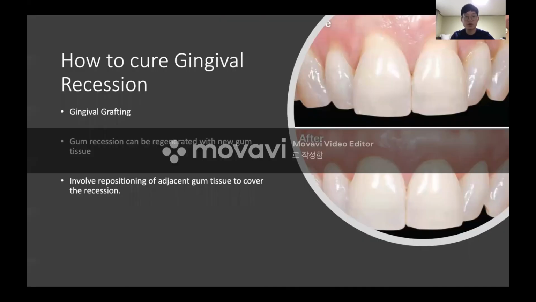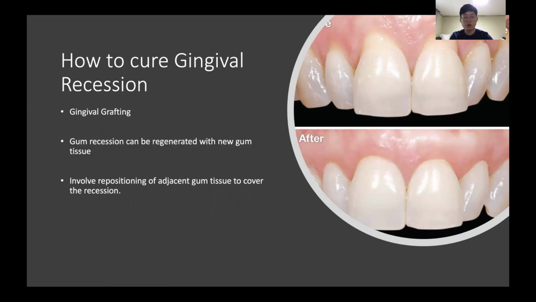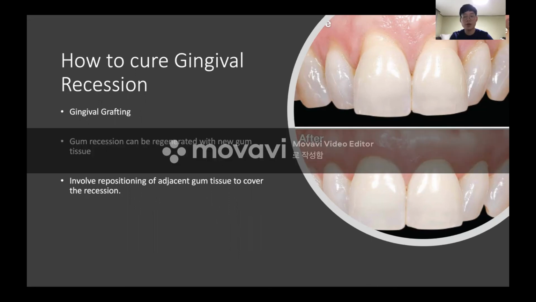The second way to cure gingival recession is through gingival grafting. Depending on the shape of the gum recession and the levels of load around the teeth, areas of gum recession can be regenerated with new gum tissue using a variety of gum grafting called periodontal plastic surgery.